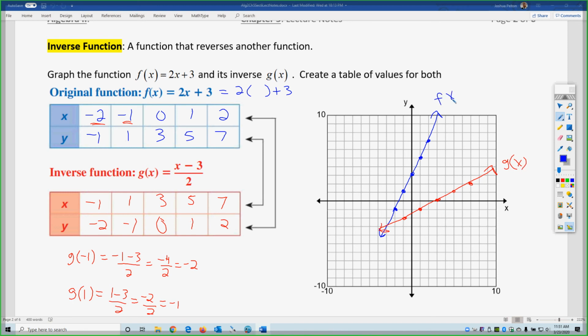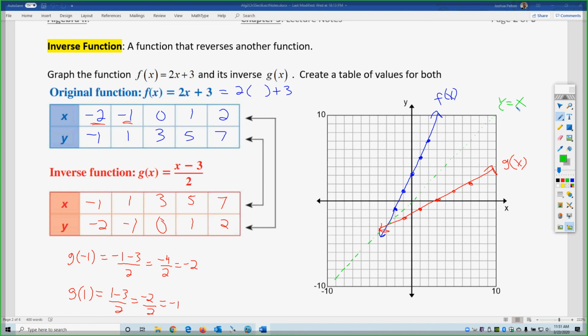That is my f of x. And what you notice is the values are symmetrical on this line. That line is y equals x. And why is it symmetrical on that line? Because you look at it, we switched the y and the x values. So if you switch, you should be symmetrical, or flip over that line.